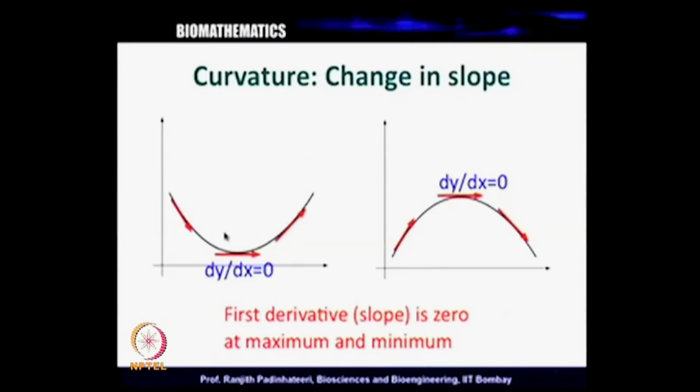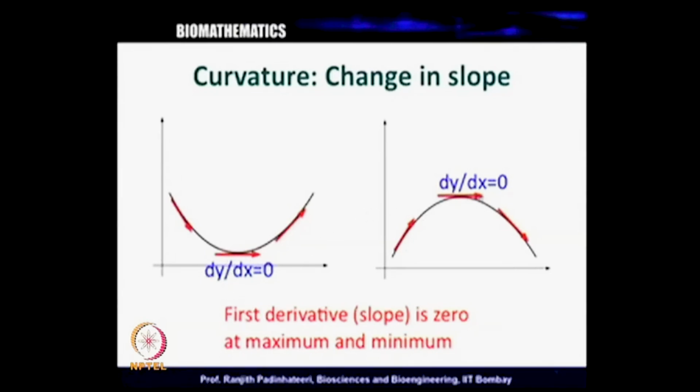So curvature is change in slope, and at this extremum, the minimum, dy by dx is 0 at this particular point. You calculate the slope, you draw a line which is touching this minimum point. This is called a tangent. You can draw a line which just touches only this point, and the slope of that will be 0.